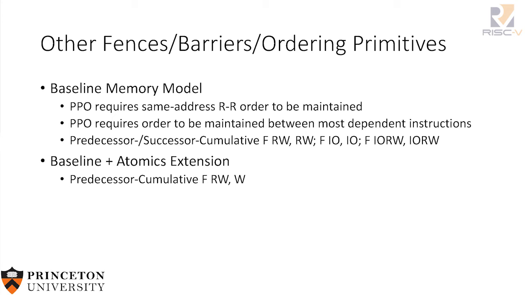But then in the baseline plus atomics extension, we would like to add this additional predecessor cumulative fence, which essentially allows the ISA to take advantage of some performance features that C++ has provided at the language level. So C++, now in the C11 standard, has this atomic type. When a variable is declared with the atomic type, it essentially means that variable can be accessed by multiple threads.